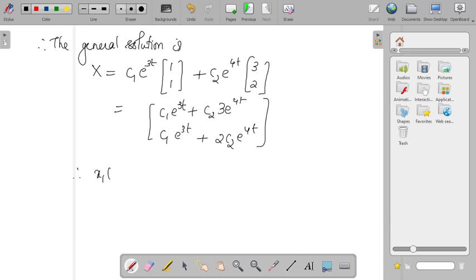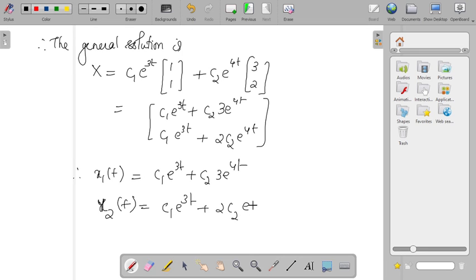Therefore we have x1 of t equal to c1 e raised to 3t plus 3c2 e raised to 4t, and x2 of t is equal to c1 e raised to 3t plus 2c2 e raised to 4t. So this is the general solution.